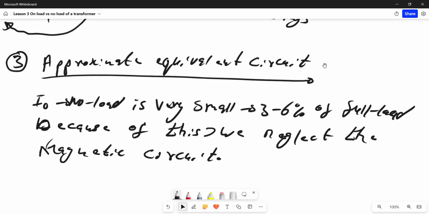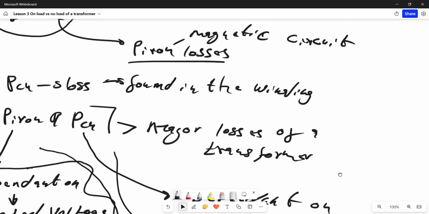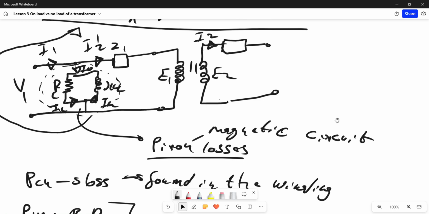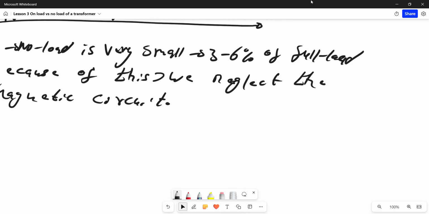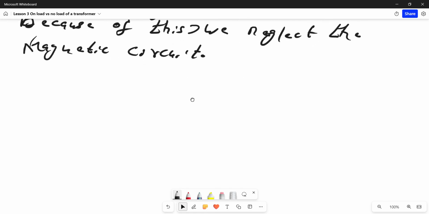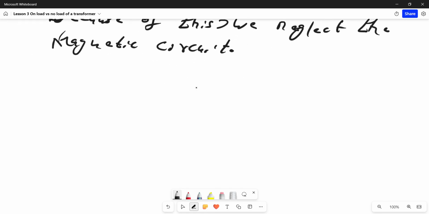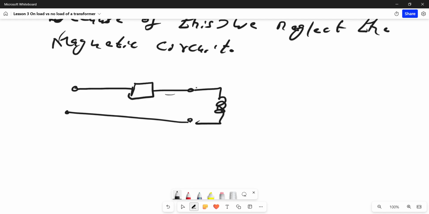You can see that in this circuit, if we neglect the magnetic circuit, the circuit breaks down to this. It's going to look like this.